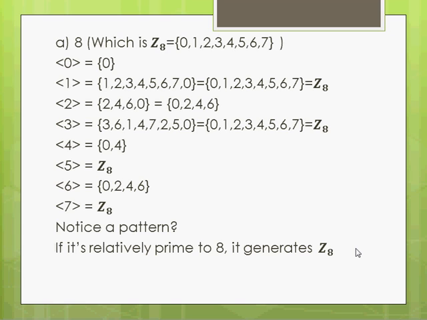It's all the numbers relatively prime to 8. Those all generate your whole group. That's really important to know. 7, 5, 3, and 1 are all relatively prime to 8. It's not just the odds; in this case it's the odds, but it's not always.